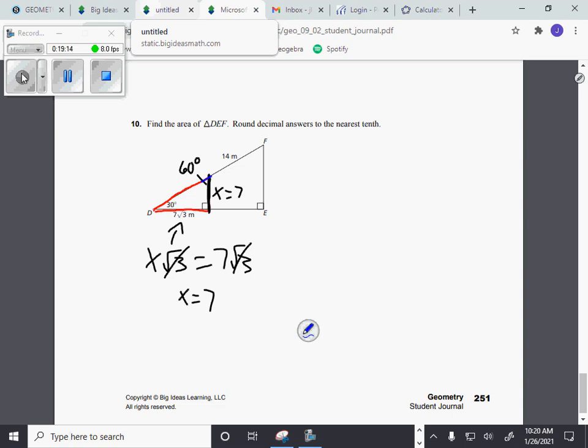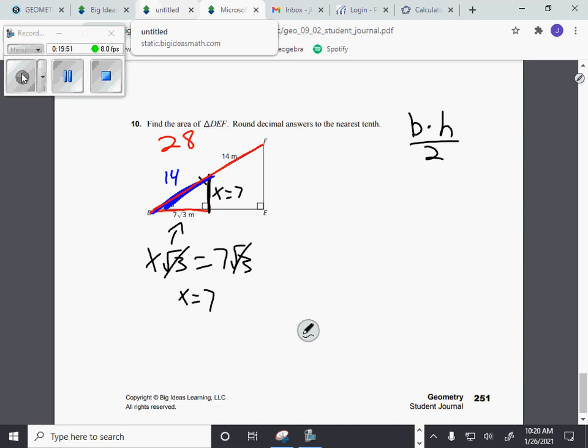What do I know about this side length? Well, it's equal to 2 times x. And in this case, it's 7. So this is equal to 14. And this side here is 14. Which means this entire side is 28. But I need to find the area. And the area of a triangle, remember, is base times height divided by 2.